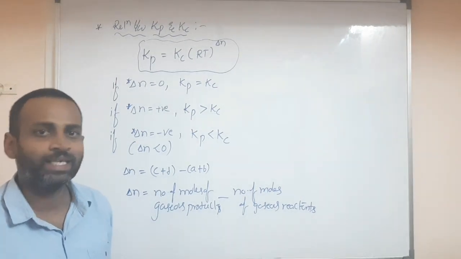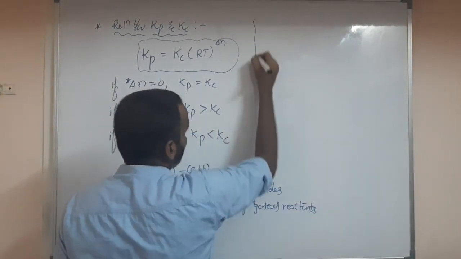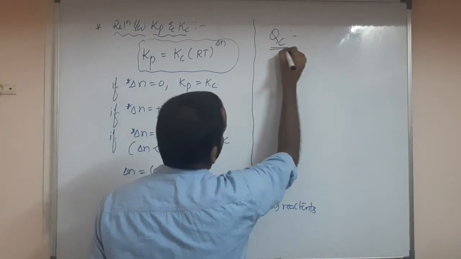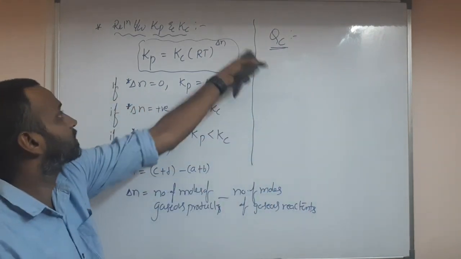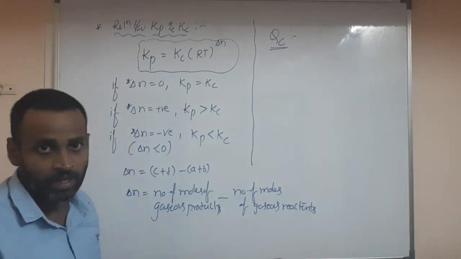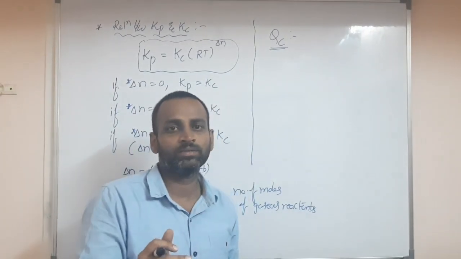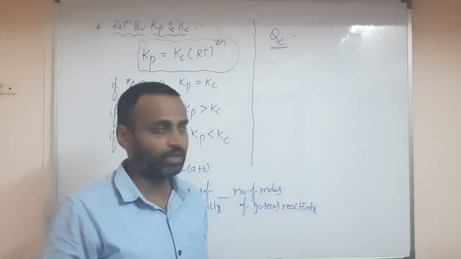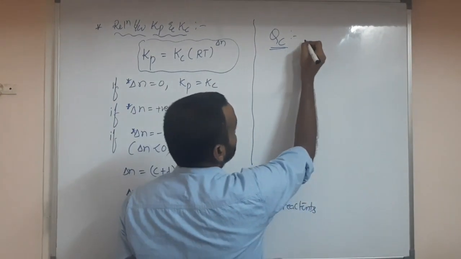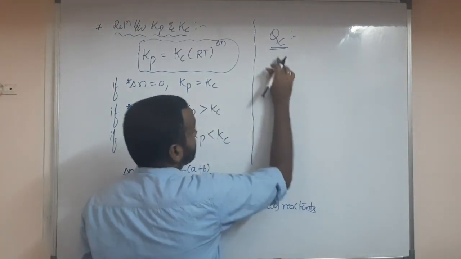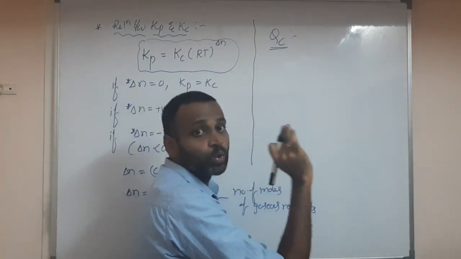So this is about the relation between Kp and Kc. And one more I'll give you, that is Qc. Qc is not related to Kp, but Qc is related with Kc. Qc means reaction quotient, not coefficient, quotient.